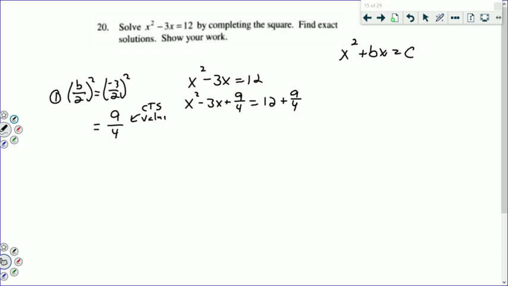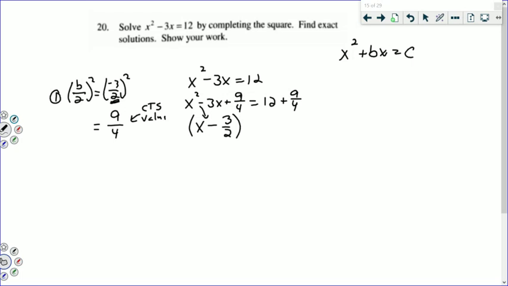We get our perfect square on the left side. Whenever we have a perfect square on the left side, we always have this as our solution. X, and then whatever this sign is comes straight down and becomes our sign in our factored form. And then whatever value we squared here is going to go in this spot. So we squared 3 over 2. Essentially, if this is negative, you should have a minus sign in the middle.